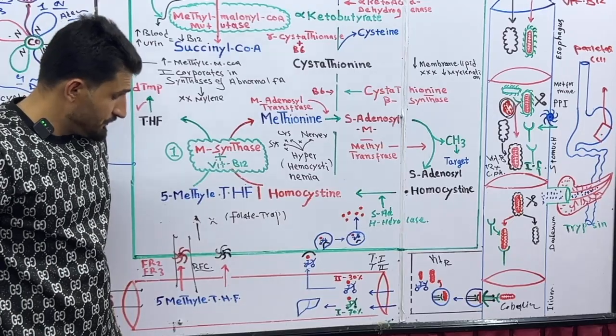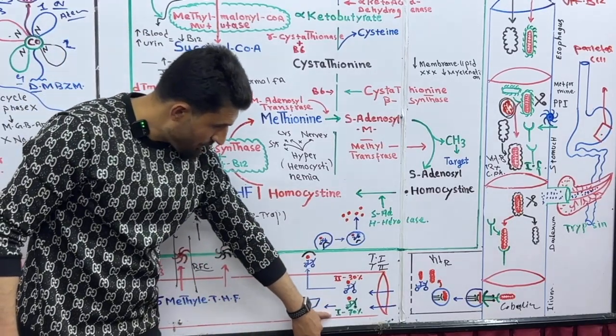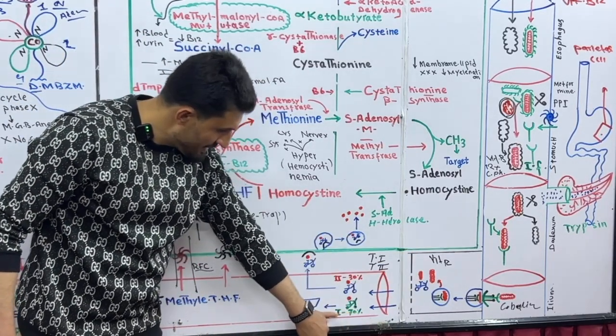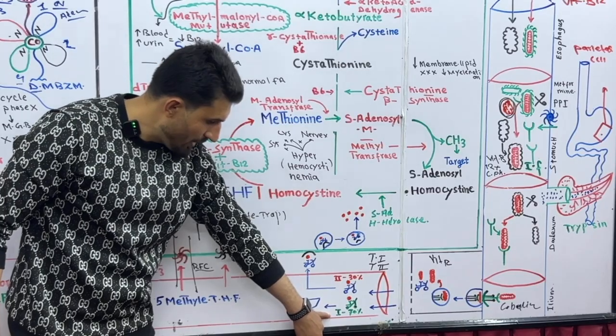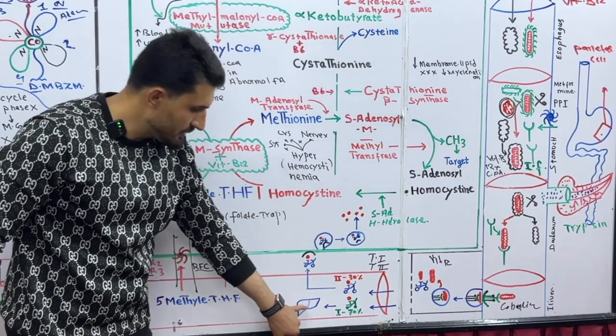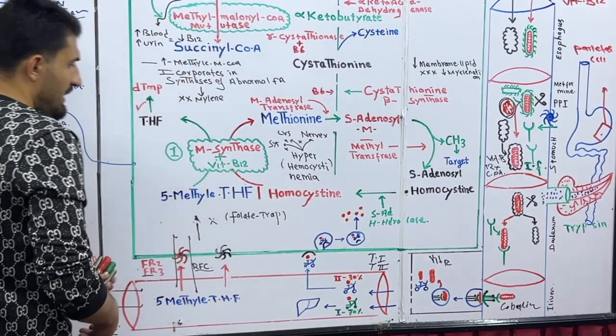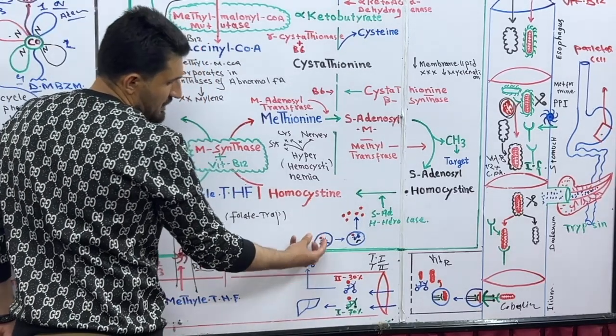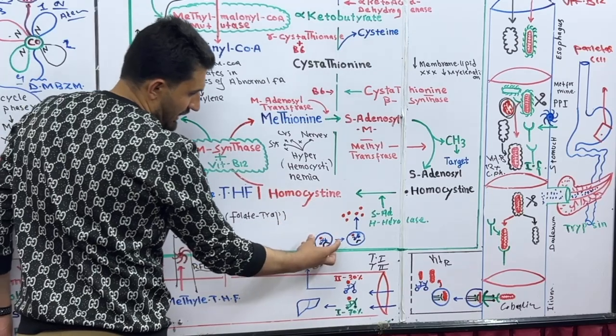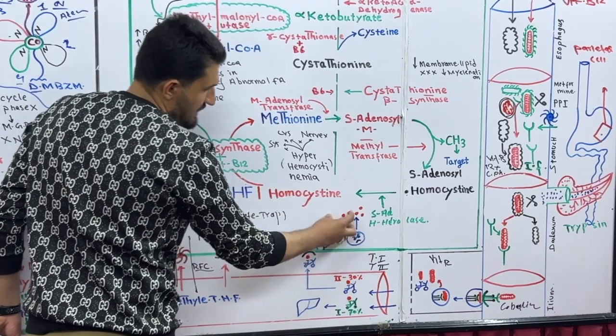The part of vitamin B12 which binds to transcobalamin 1, most of this goes to the liver, and the liver stores it. Got it? Now it will be taken up by the target cell by the process of endocytosis.